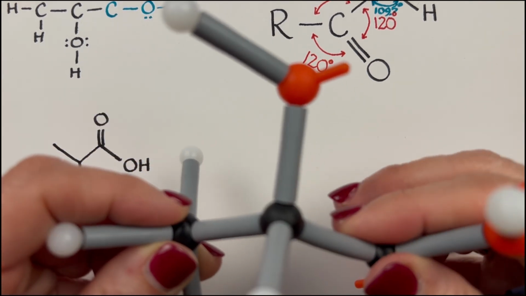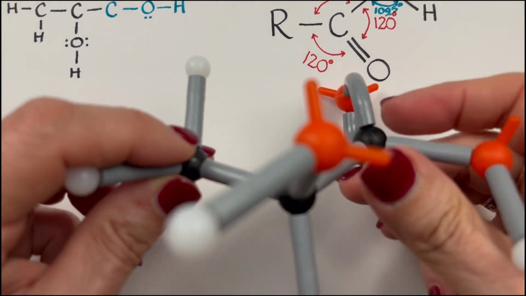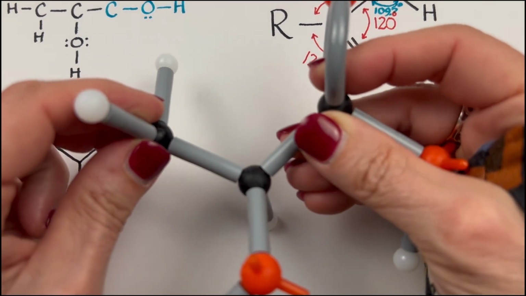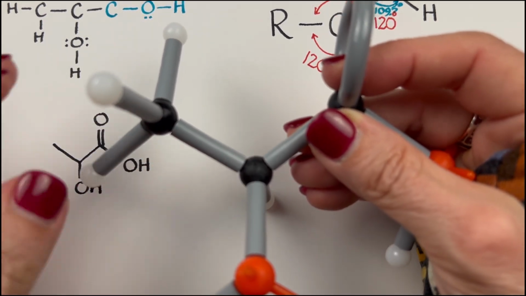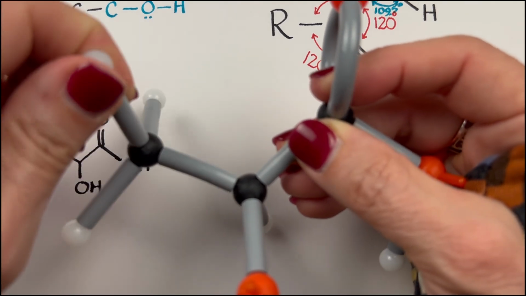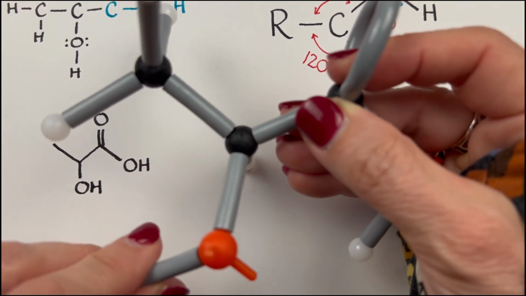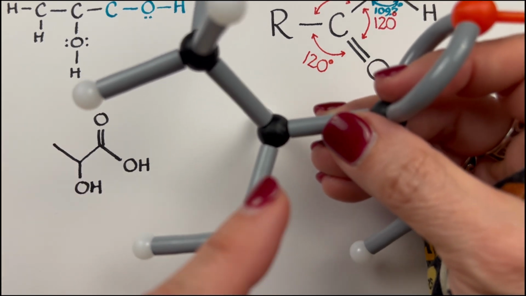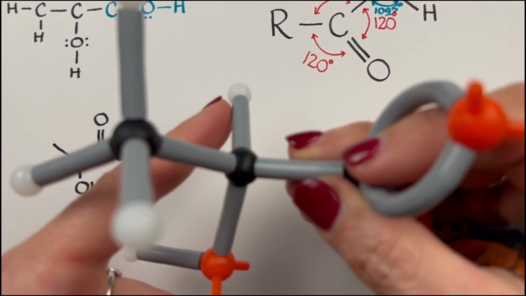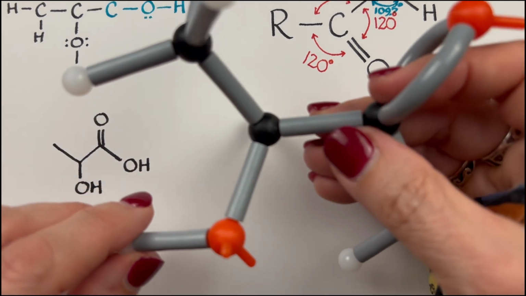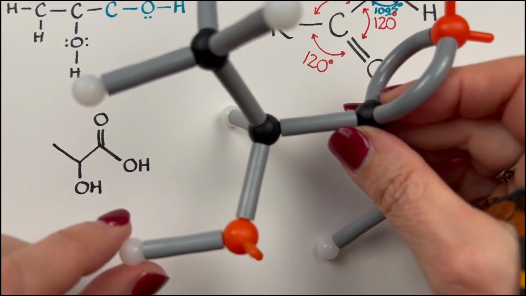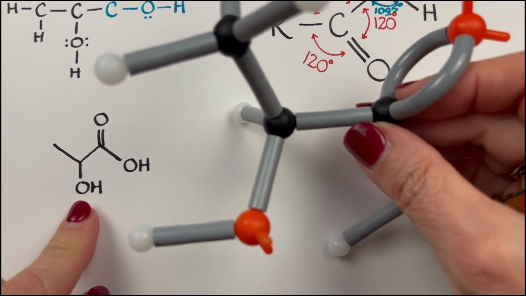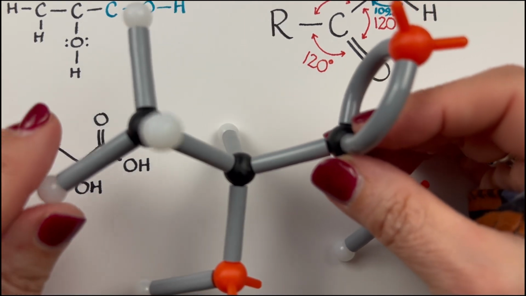So why don't I turn these, since these are single bonds, they can rotate around. So this can rotate like that, right? Okay. This carbon has a hydrogen bonded to it as well. There's our oxygen and hydrogen for the alcohol group.